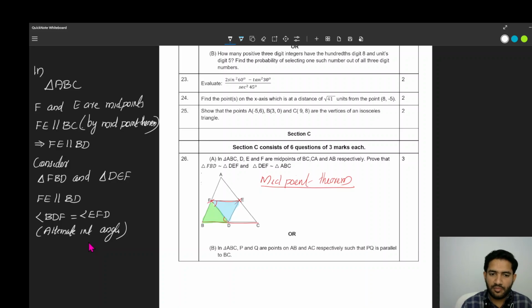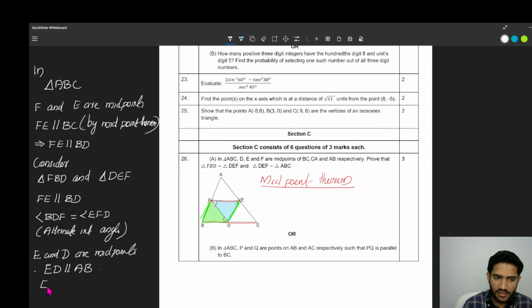Then the same midpoint theorem we can use for ED and FB. Both are parallel because E and D are midpoints. So ED is parallel to the third side AB.